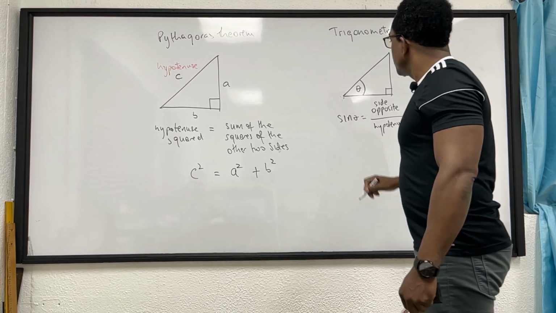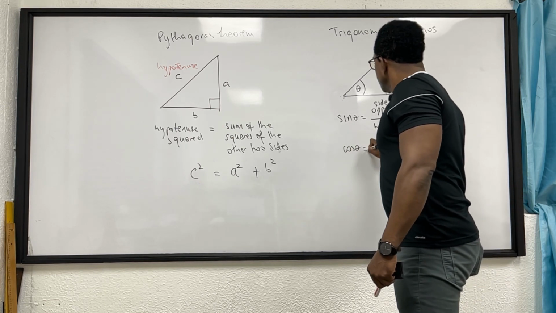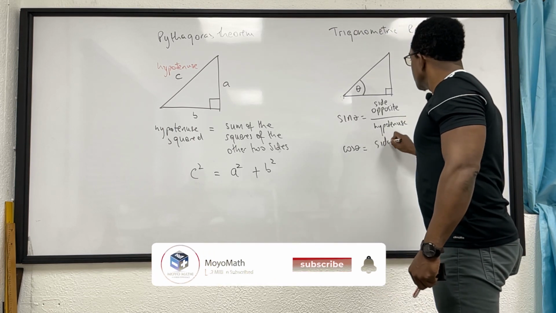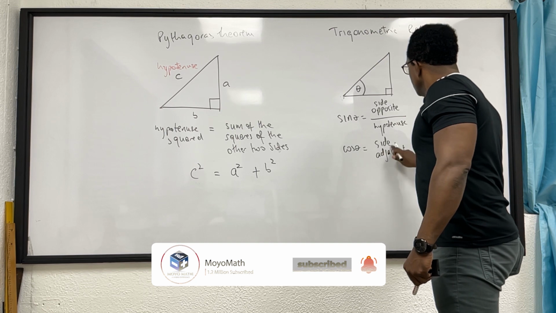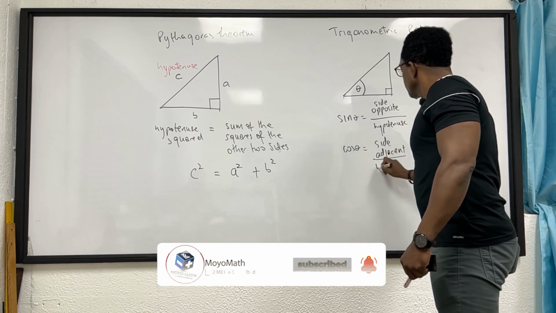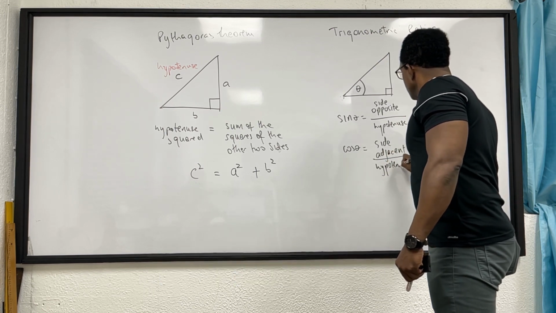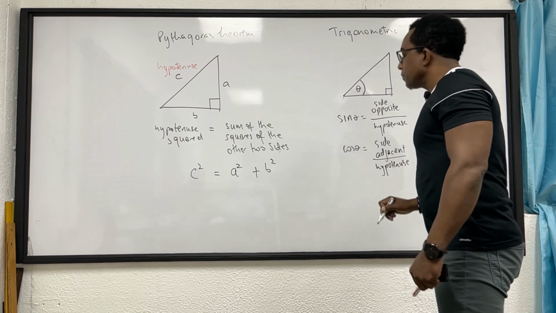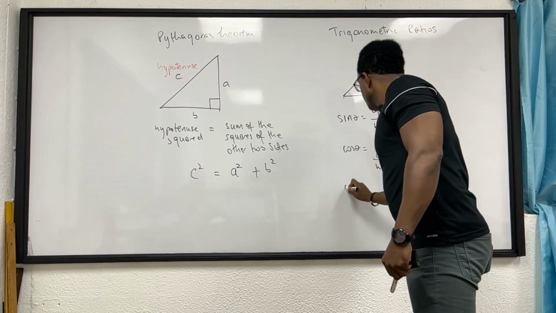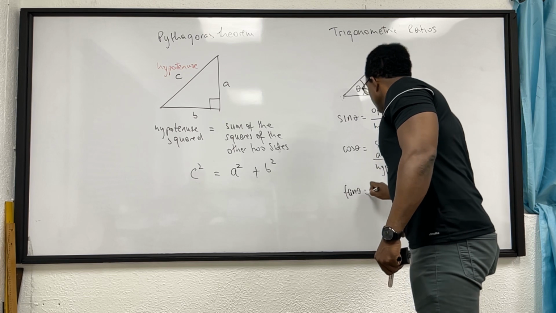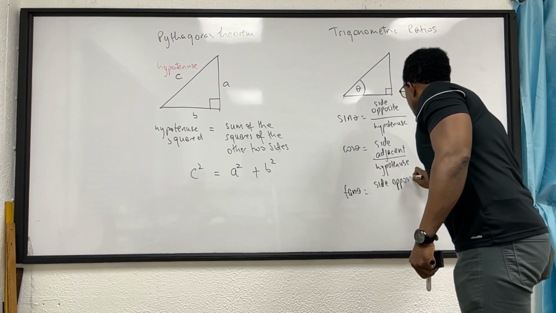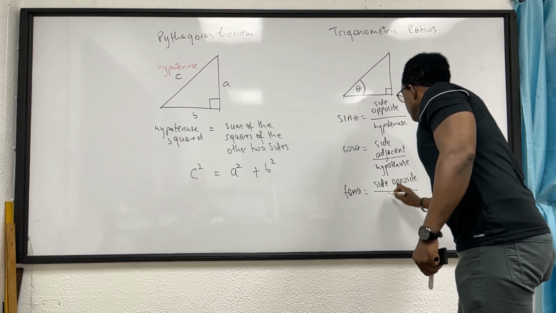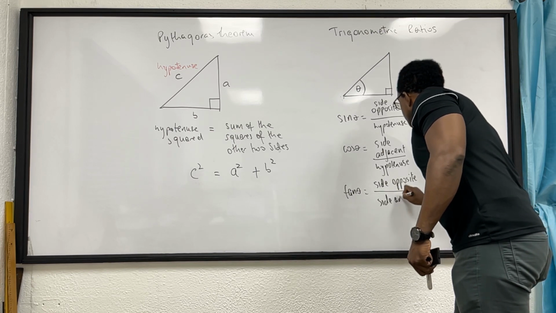We have cos theta, which is equal to side adjacent over hypotenuse. And we have tan theta, which is equal to side opposite over side adjacent.